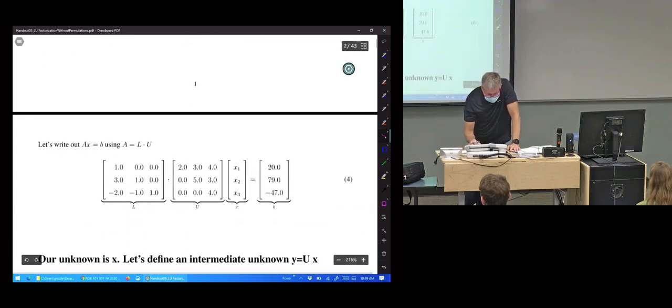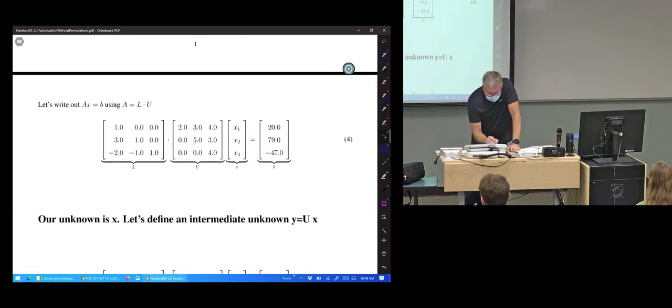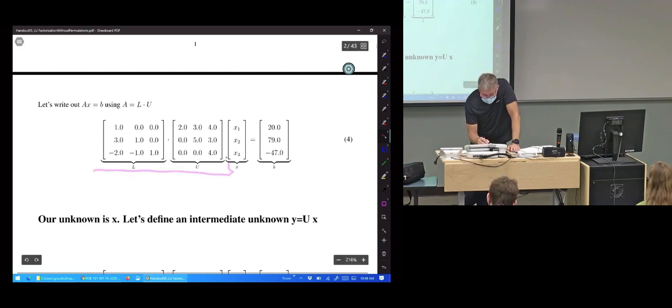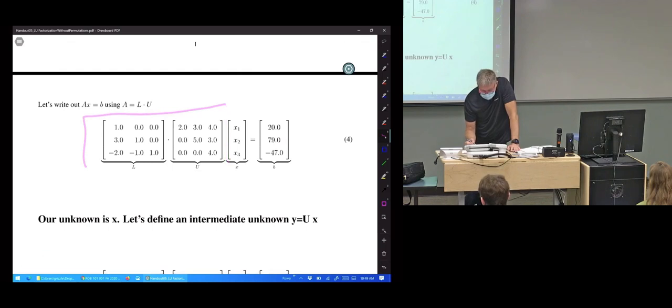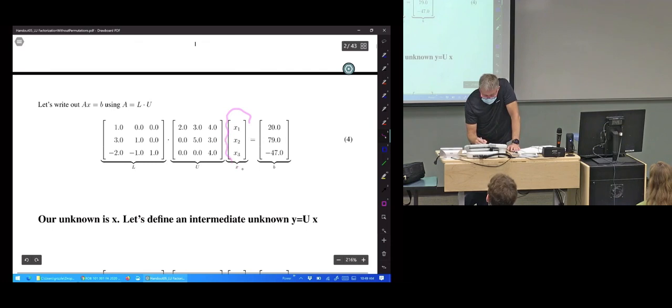And so let's write the equation AX equals B with A as L times U. So here's A. That's AX equals B. This guy, UX, is unknown, so the product is an unknown as well.